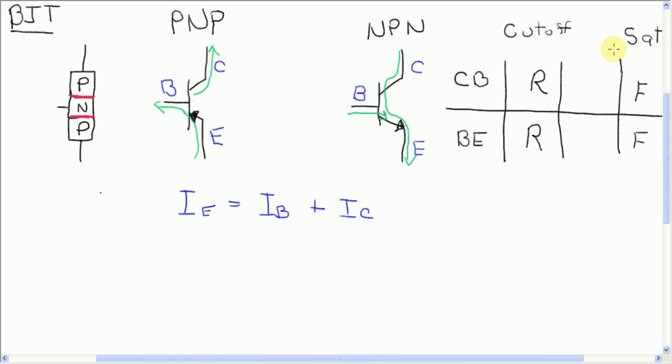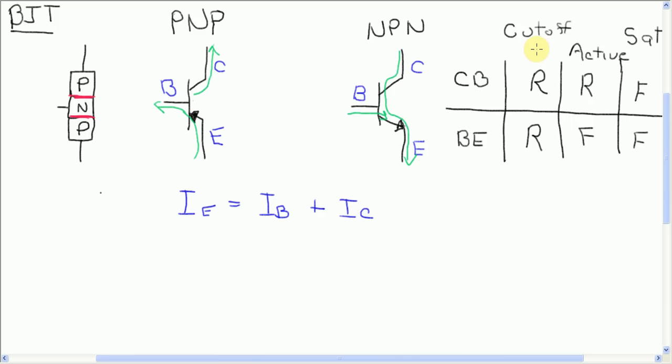And of course, this region in the middle here, we could set up a reverse forward, which means we now have a bit more control over, we can move it between cutoff and saturation. We can control it between these two, or control the current flow. If we were amplifying, this is considered the active region.